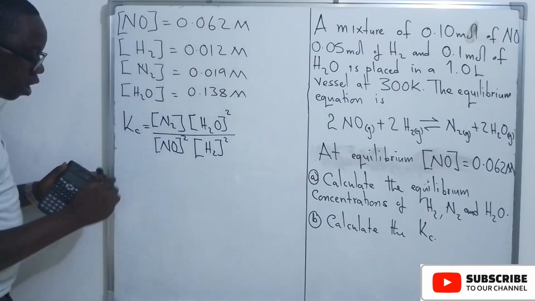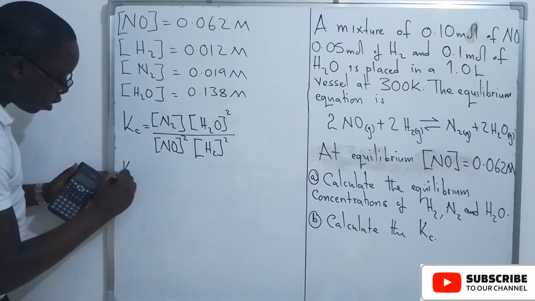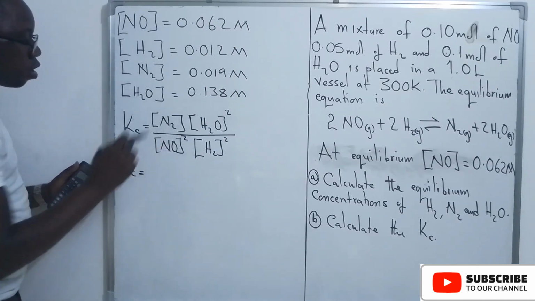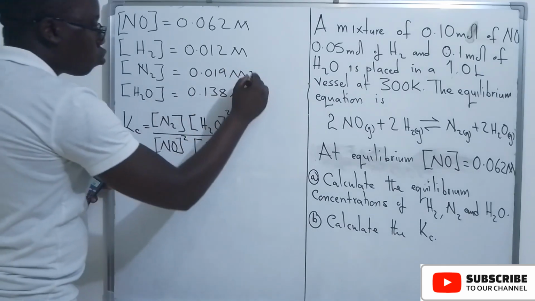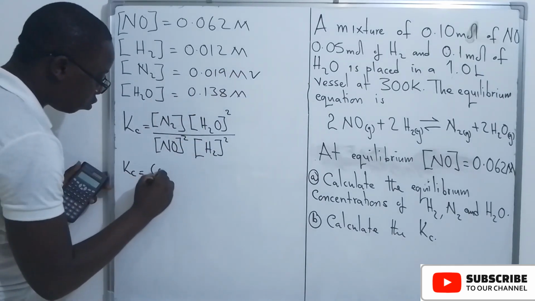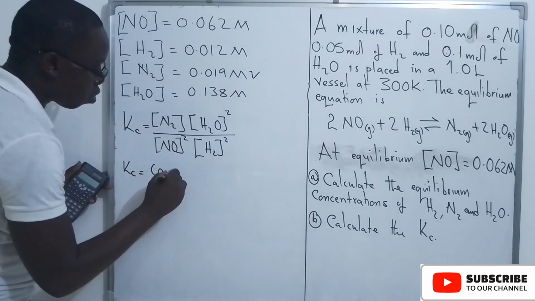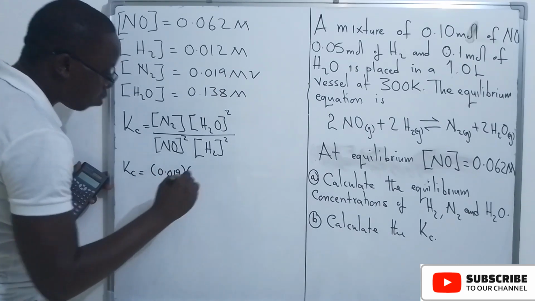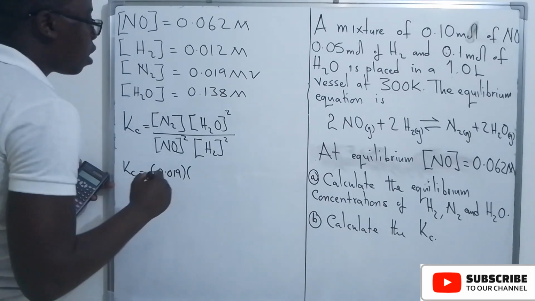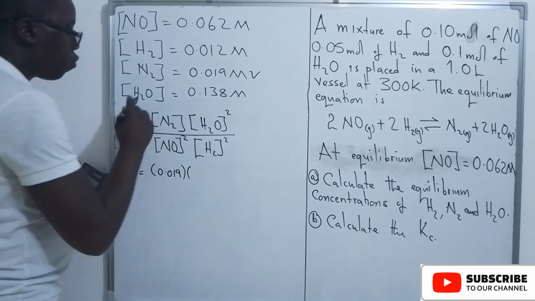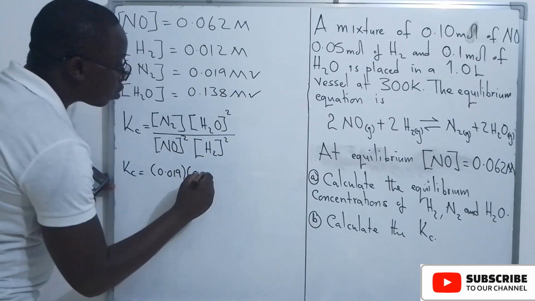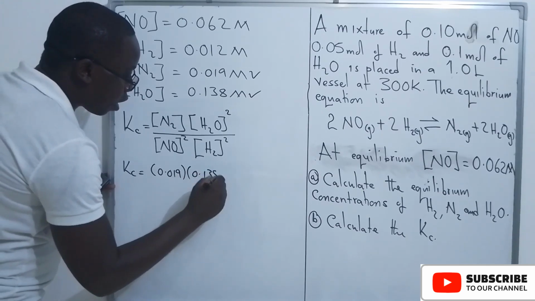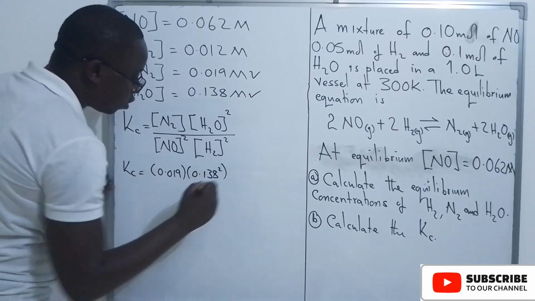here in the expression. So we'll say Kc is equal to the concentration of nitrogen is this one, which is 0.019 multiplied by the concentration of water, which is this one, which is 0.138. This should be squared.